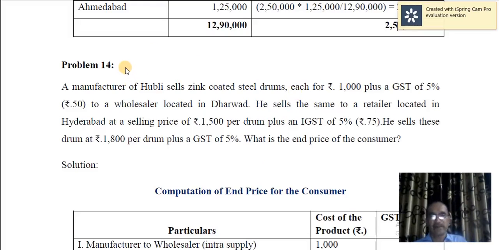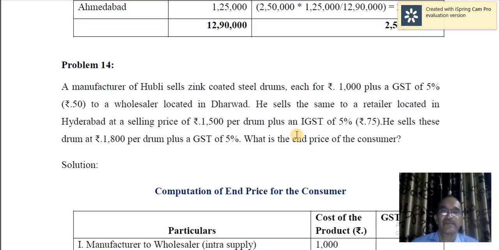Okay, now let me take up one more small problem. A manufacturer of Hubli sells zinc coated steel drums, each for 1,000 plus a GST of 5% to a wholesaler located in Dharwad. So manufacturer has supplied it to wholesaler of Dharwad. He sells the same to retailer located in Hyderabad.